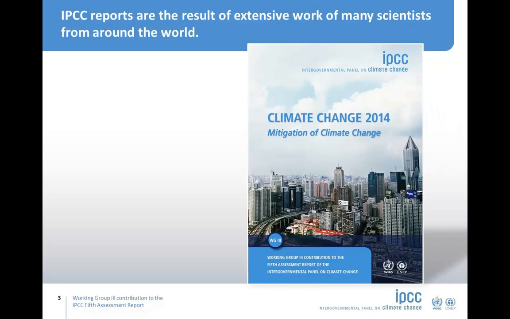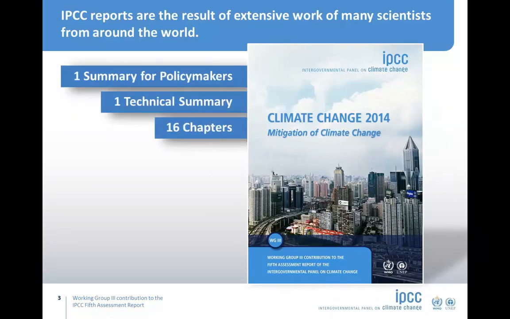This is the new report, which has just recently been published, Mitigation of Climate Change. If you go to the IPCC website, all of these documents are downloadable. They are very, very large documents, which is why I've extracted some of the key information.